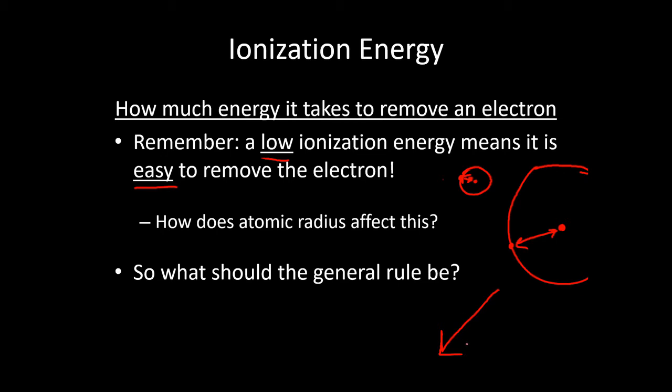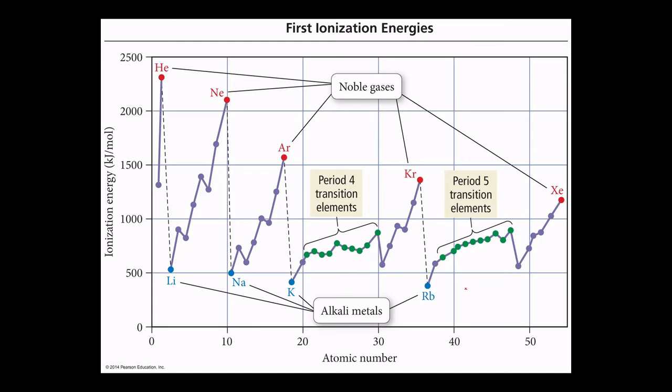Ionization energy increases as you go up and to the right. So ionization energy increases in the exact opposite direction as the radius, which means that things like fluorine and the noble gases are going to have very high ionization energies.